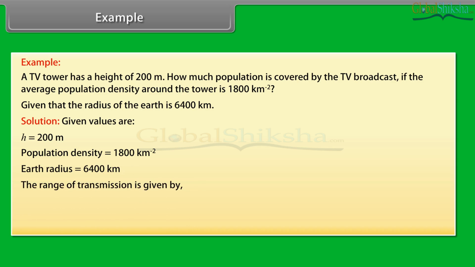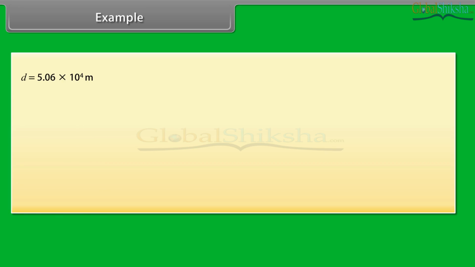The range of transmission is given by d is equal to square root of 2hR. Now, put the values and calculate. We get the value of d is equal to 5.06 into 10 raised to the power 4 meters. Area covered by transmission is equal to pi d square.